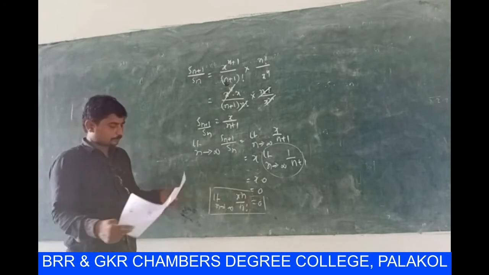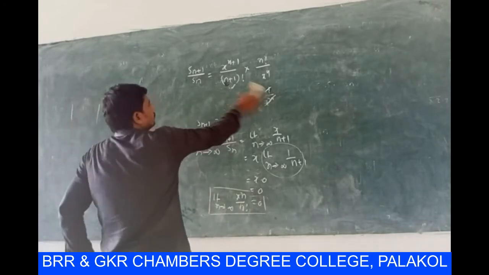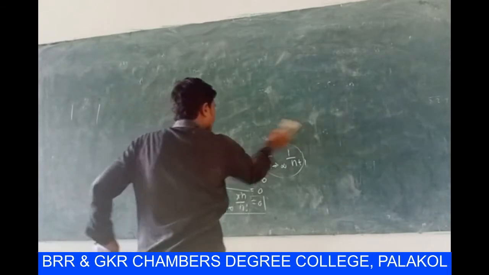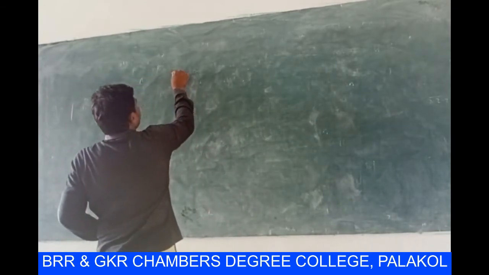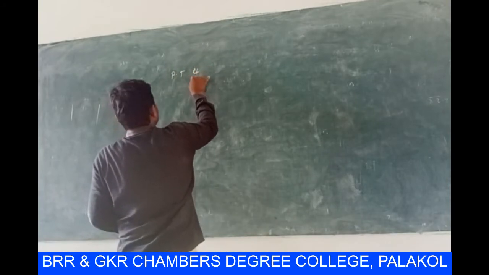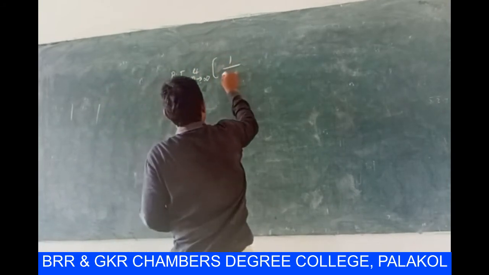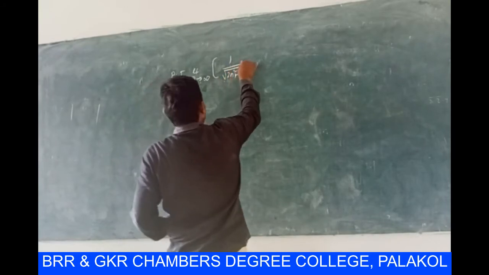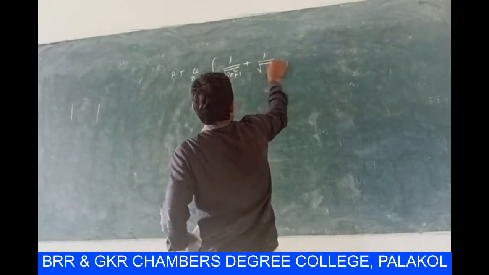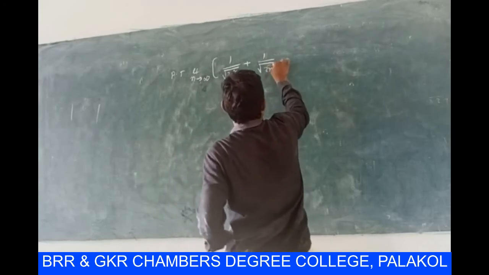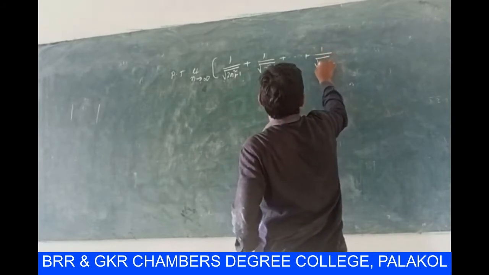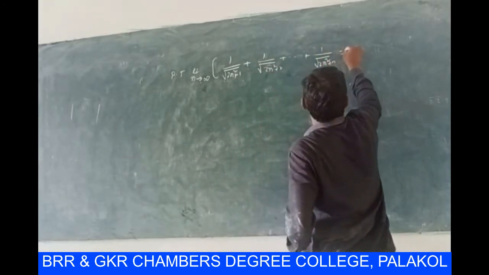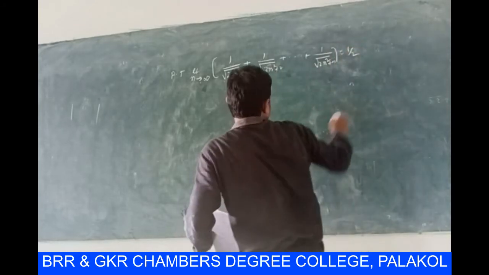Shall we see another problem? That is, prove that limit n tends to infinity 1 by root of 2n square plus 1 plus 1 by root of 2n square plus 2 plus and so on plus 1 by root of 2n square plus n is equal to 1 by root 2.